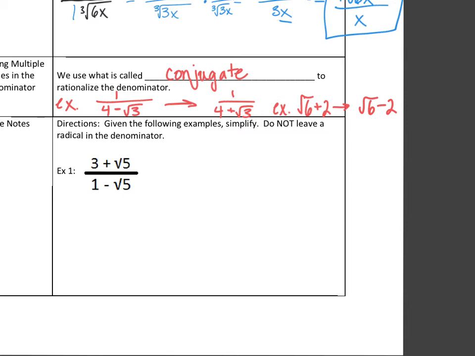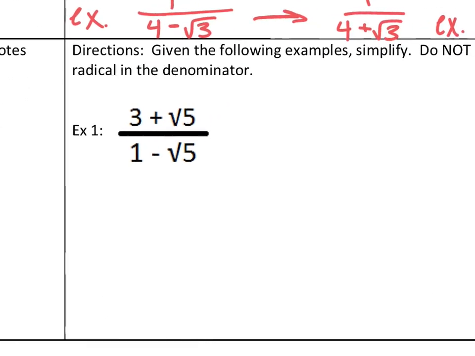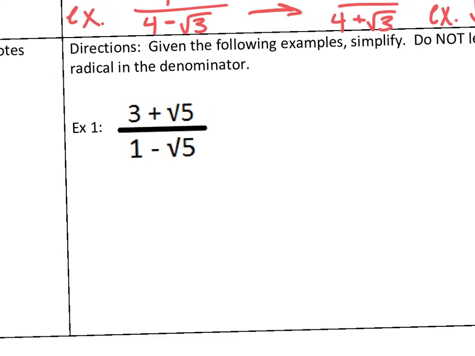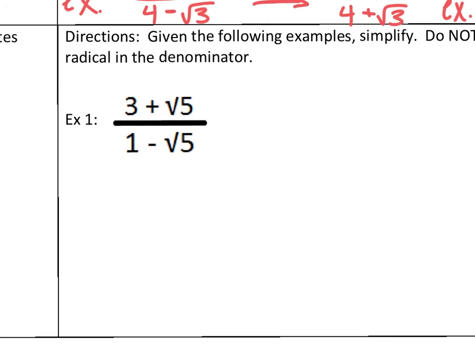Okay, so given the following examples, it wants us to simplify by using that conjugate. So we've got 3 plus square root of 5 over 1 minus square root of 5. What is the conjugate for this one? So just the denominator. 1 plus the square root of 5.